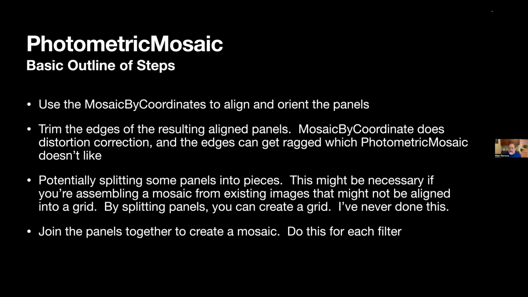It is used to analyze all the individual masters of all your panels, figures out how to align them all relative to each other, and produces a new set of panels that are all registered one to the other. Once you have these new panels, you trim the edges off so that they get clean edges. If you have one of these weird ad hoc mosaics, you may need to split them up. Again, I've never done that. And then you finally get to the Photometric Mosaic script itself to actually process the mosaic.